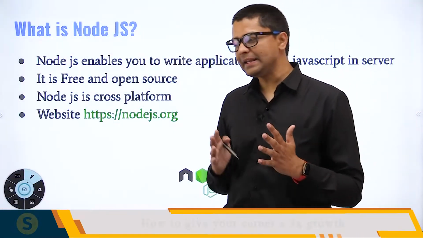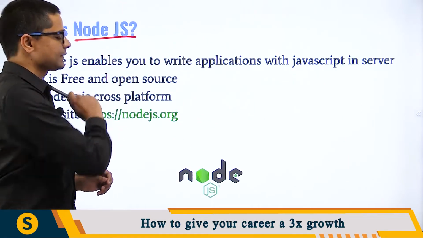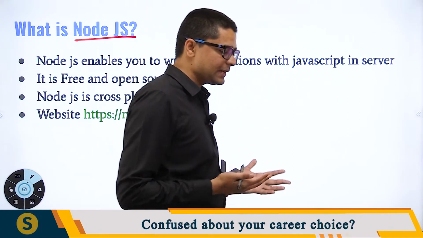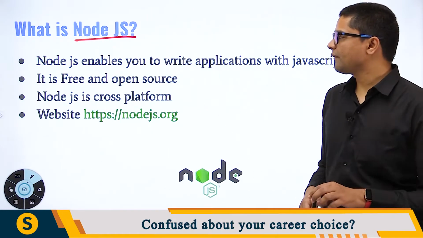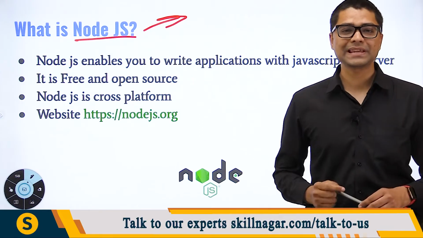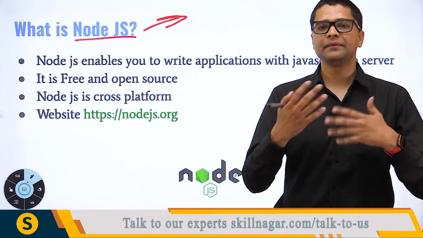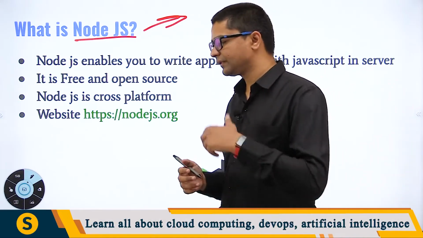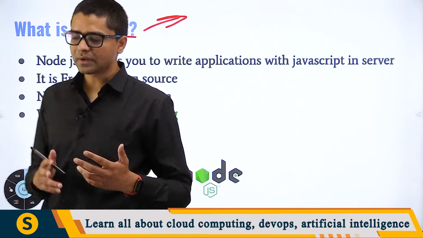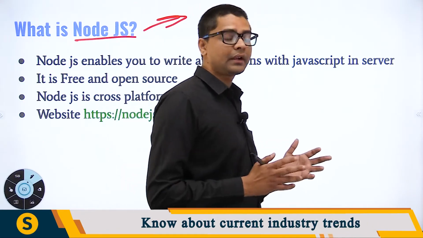Okay, so finally N, and N stands for Node.js. Now what is Node.js? Node.js is a platform which helps us write applications using JavaScript. This is a brief introduction of what Node.js is, and we will have a separate video related to Node.js because it is a very good technology.